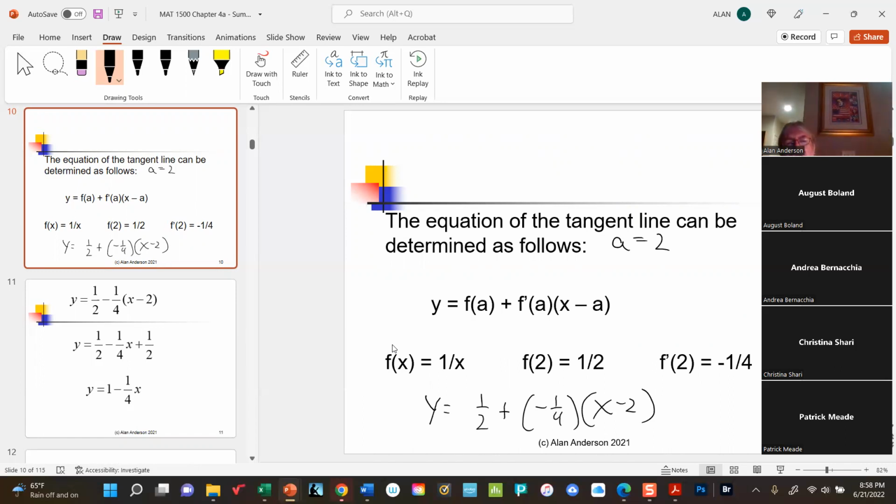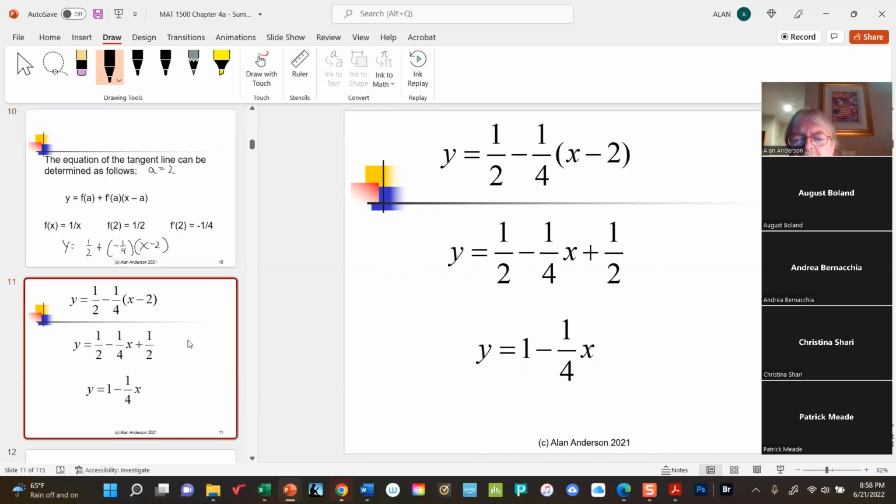Now, if you want to, you can rewrite that in the traditional form for a straight line, y equals mx plus b. I've done that on the next page. So that's what we found. And when you do the algebra, you'll find that this is the actual equation of that line.